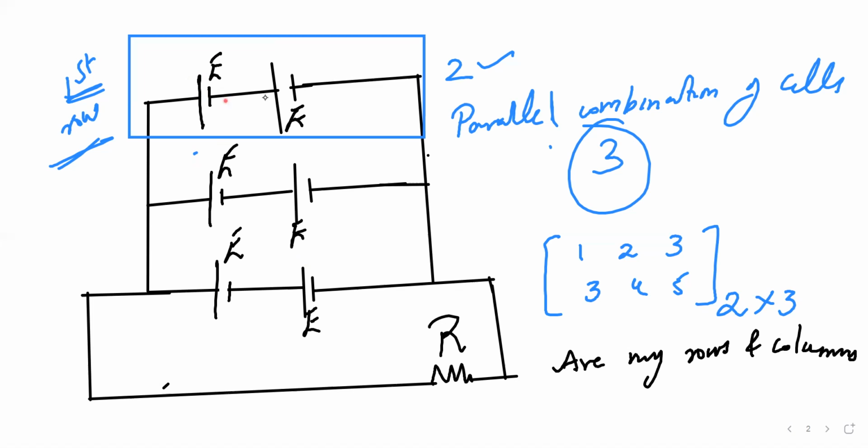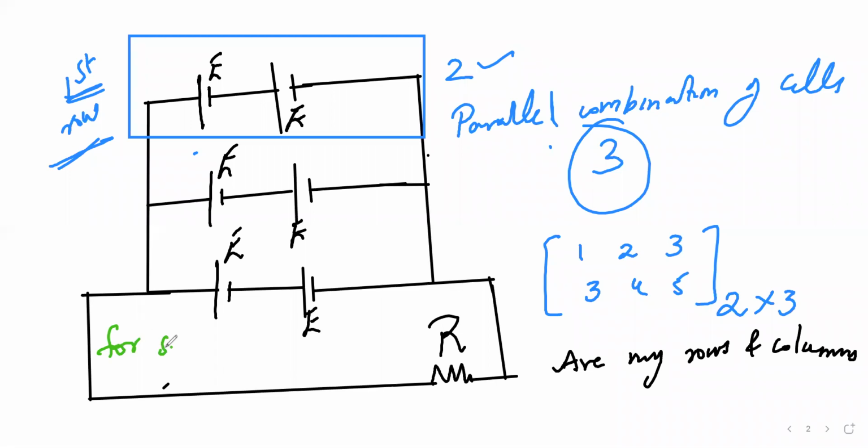How many columns are here? 1, 2. Are they equal here? They are not equal because 2 and 3 are not the same.